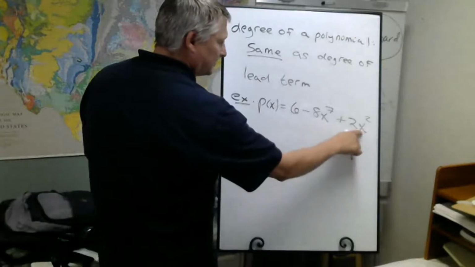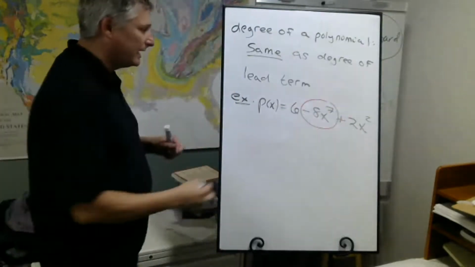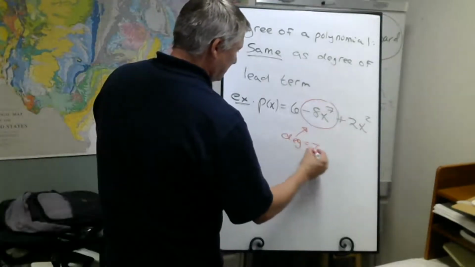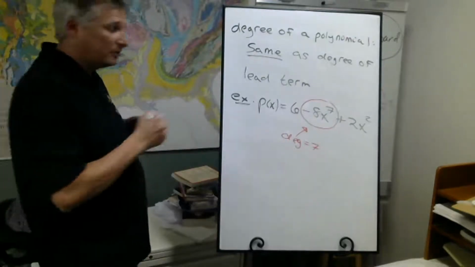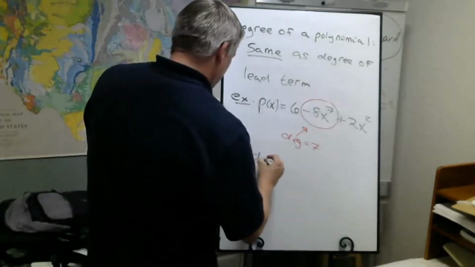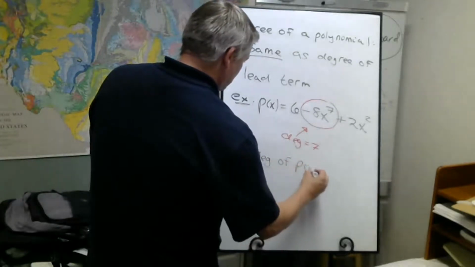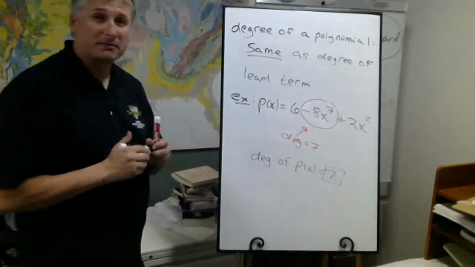Degree 0, degree 7, degree 2. Well, there it is. That's the lead term, and its degree is equal to 7. So that means the degree of the polynomial is equal to 7.